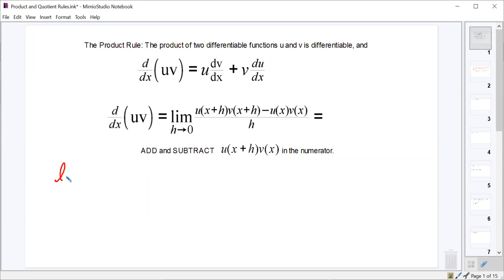But we're going to add in a u of x plus h times a v of x into the numerator. And then we're also going to subtract a u of x plus h times a v of x in the numerator. And it should be okay to add in and subtract the same thing, right? That shouldn't be an issue.